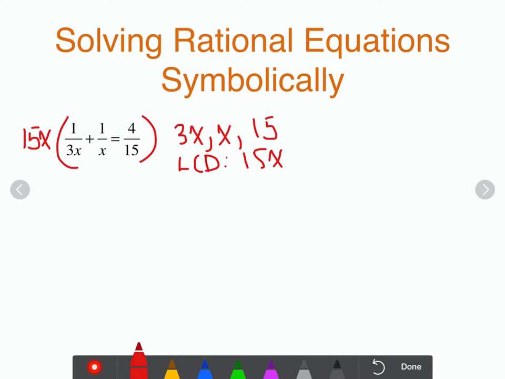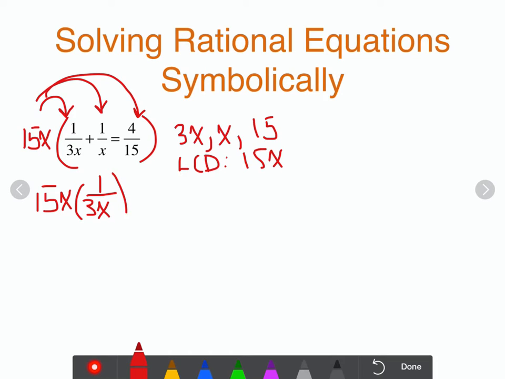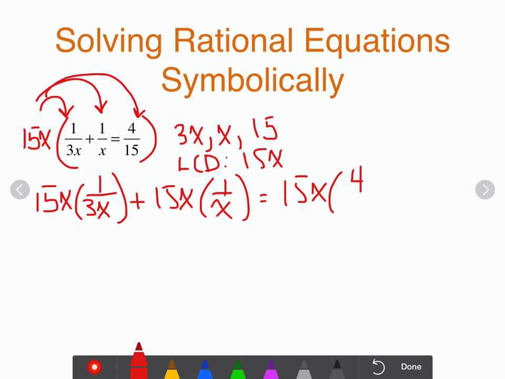For this first example, I'm going to write out my distributive property. If it helps you, you should write it out every time. So I have 15x times 1 over 3x plus 15x times 1 over x is equal to 15x times 4 over 15. This utilizes our skill of multiplying rational expressions together.